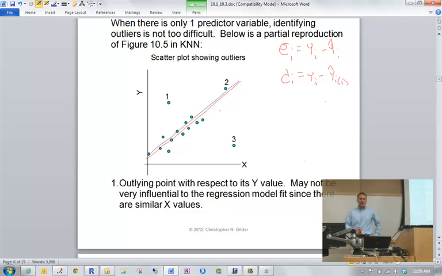So essentially, the distance between observation 1 and the red line would be our deleted residual. The distance between observation 1 and the purple line will be the regular old residual. And we can see that there's not going to be much of a difference. So it doesn't really matter if you look at one or the other, you're going to get about the same answer.